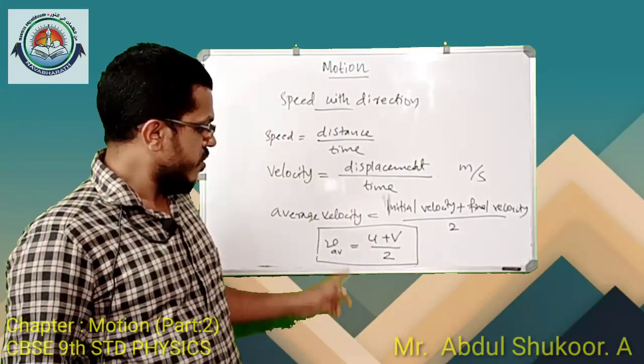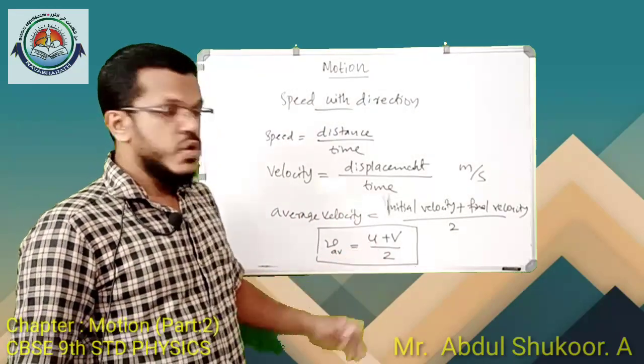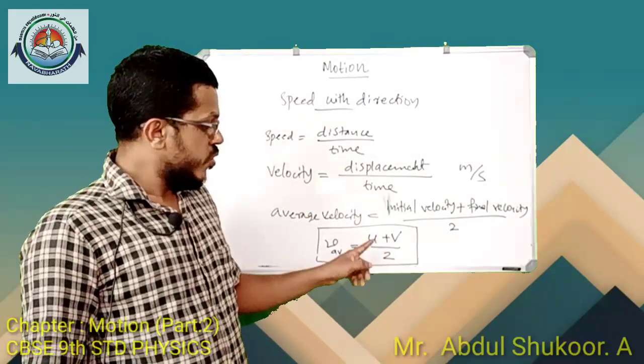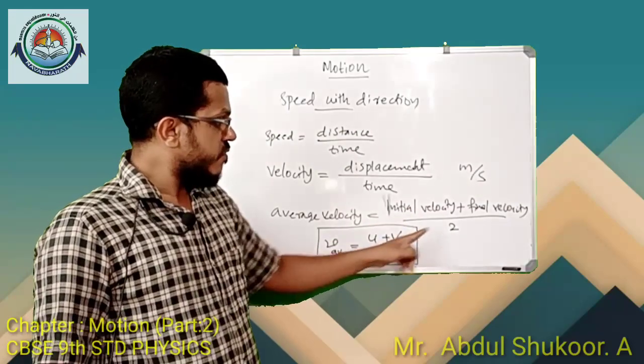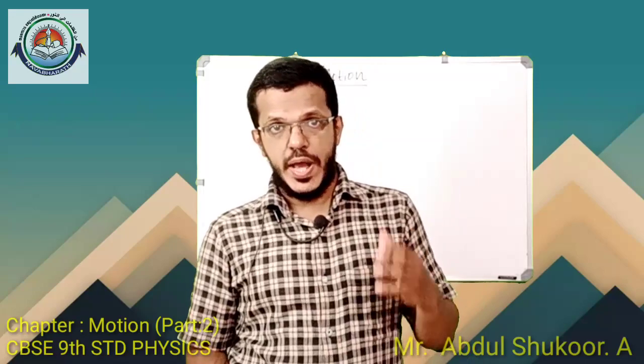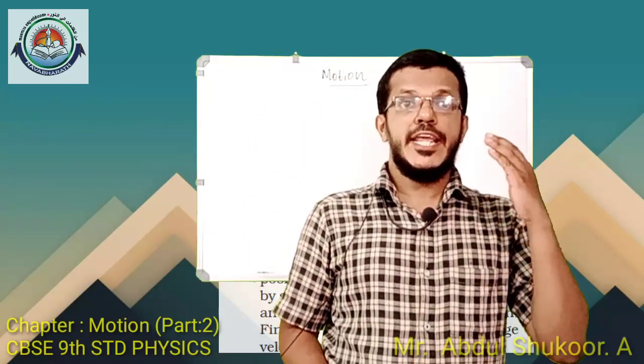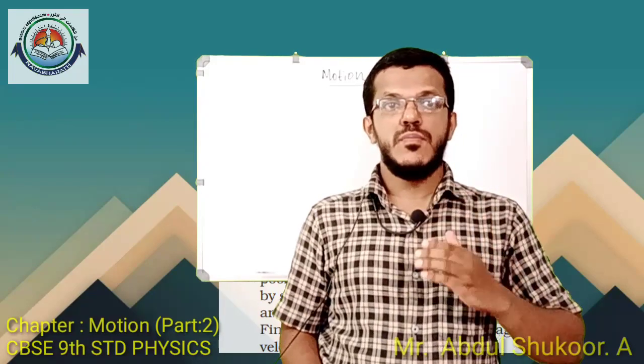V_av is equal to (U plus V) by 2, where U is the initial velocity and V is the final velocity. Next, we are going to another problem: Usha swims in a 90-meter long pool.